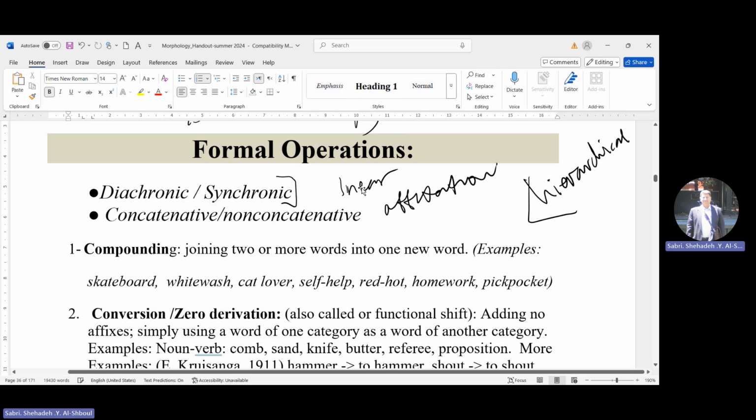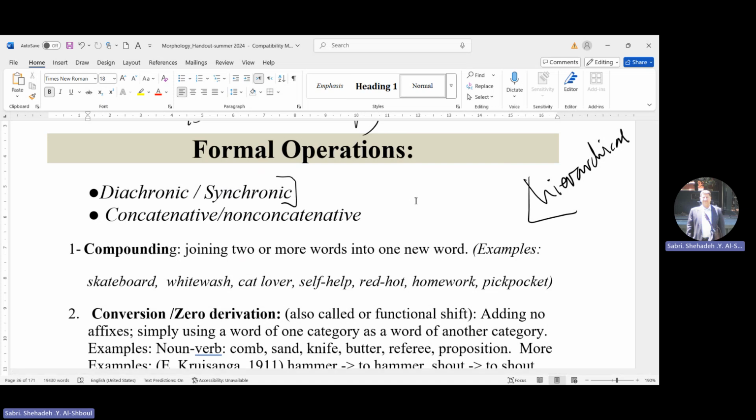We have seen this in this presentation with Arabic, for example, when we say كتب, كاتب, كتب, مكتب, and so on and so forth. These are changes like man, men, woman, women, and so on and so forth. But with concatenative, no, the roots and the vowel system are maintained.